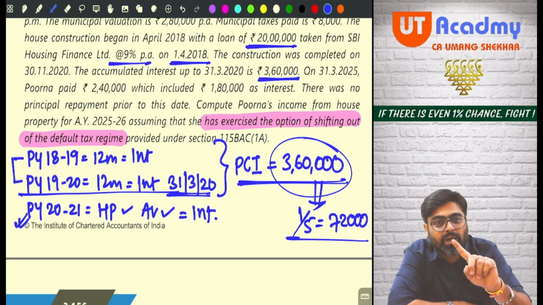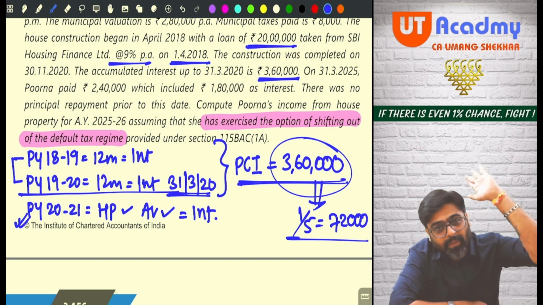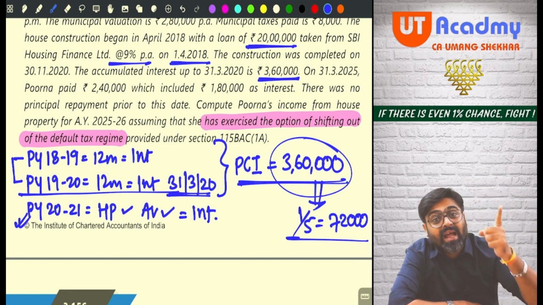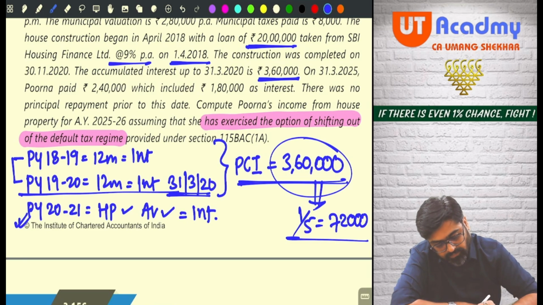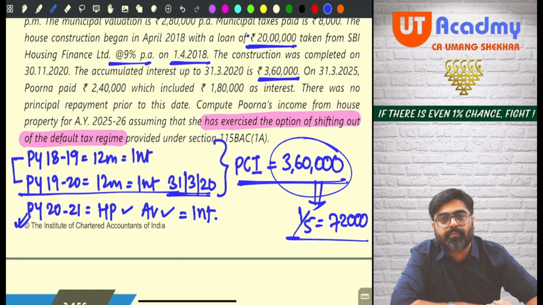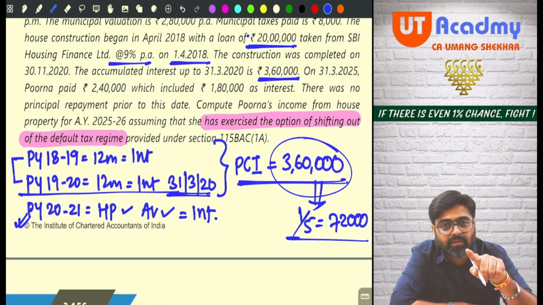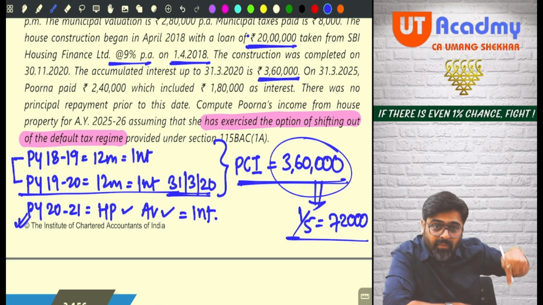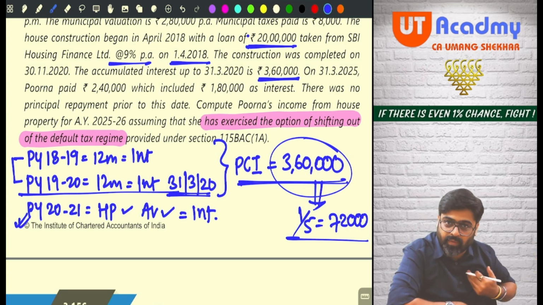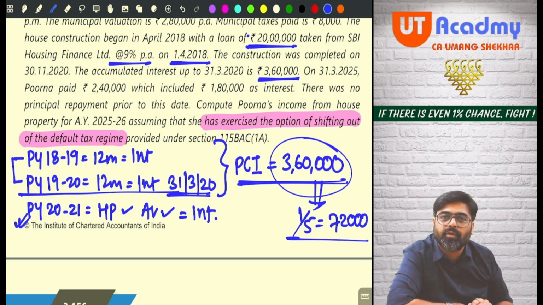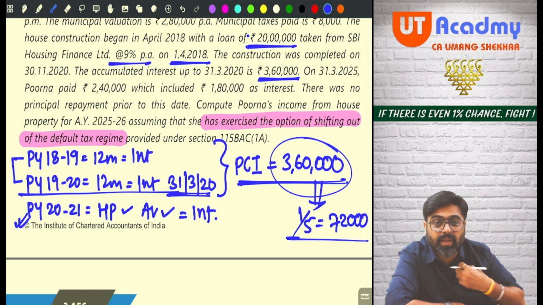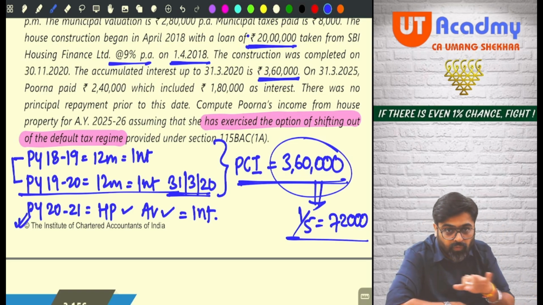And have they told you that you have repaid that loan? No. So that entire loan of rupees 20 lakh is still outstanding. So on that 20 lakhs, will I pay 9% interest for this year also, 24-25? So what will be the normal interest becoming due on this 20 lakh loan for my previous year?